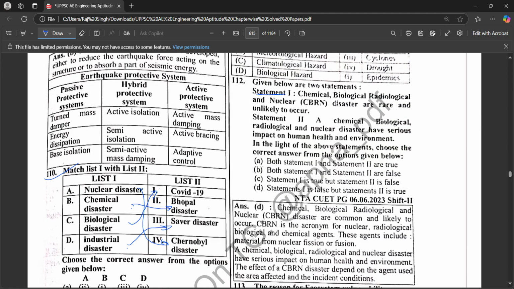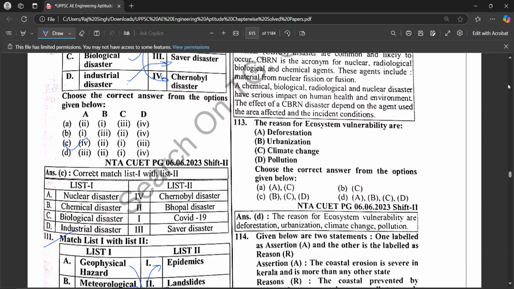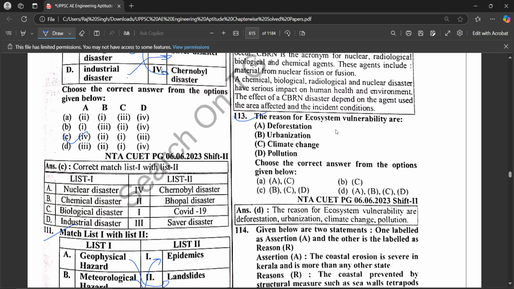Statement 1: Chemical, biological, radiological and nuclear disasters are rare and unlikely to occur. Statement 2: Chemical, biological, radiological and nuclear disasters have serious impact on human health and environment. Hence, statement 1 is false, but statement 2 is true. The reasons for ecosystem vulnerability are deforestation, urbanization, climate change, pollution.